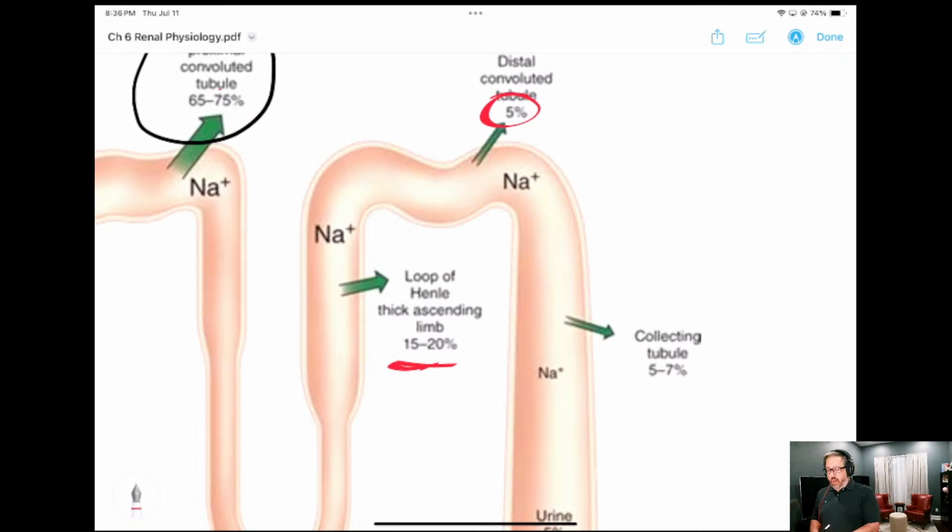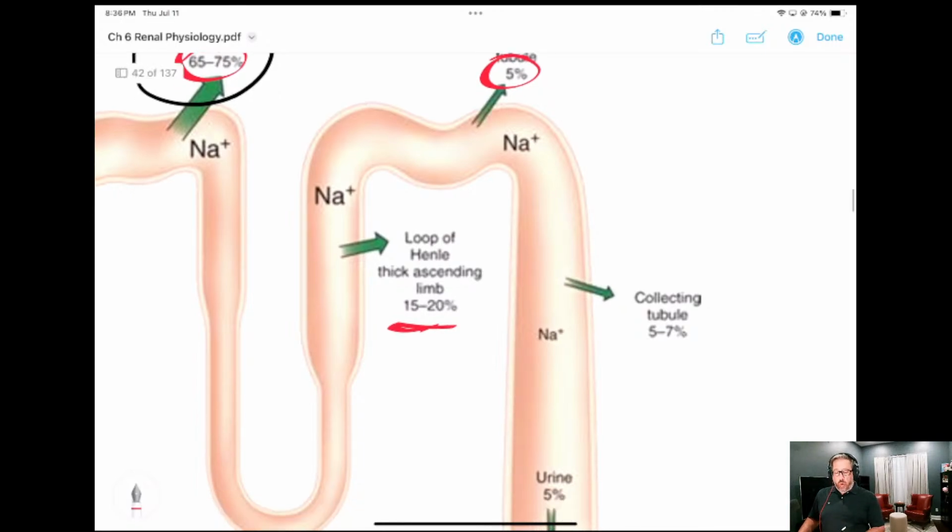So we're still reabsorbing 65 to 75% at first of the filtered sodium into the tubule. Normally, we should be reabsorbing 15 to 20% of it here. Let's say we gave them a loop diuretic. Now we're not going to reabsorb that sodium right here.